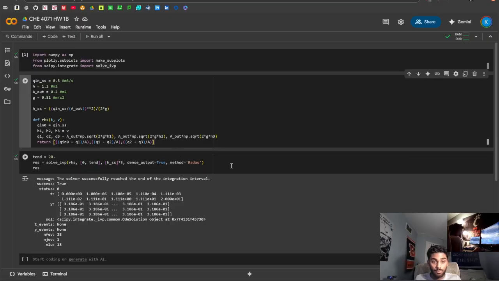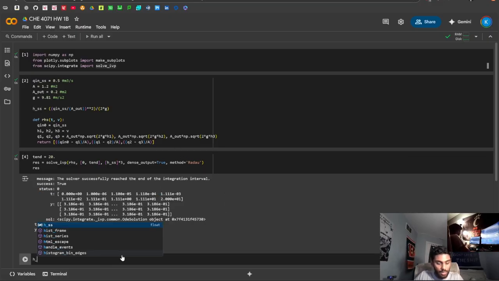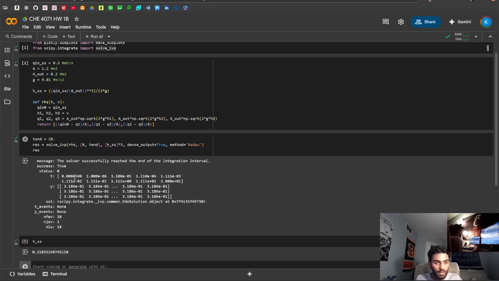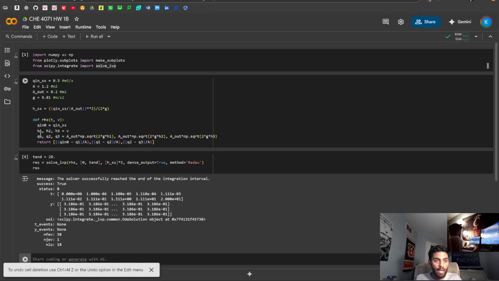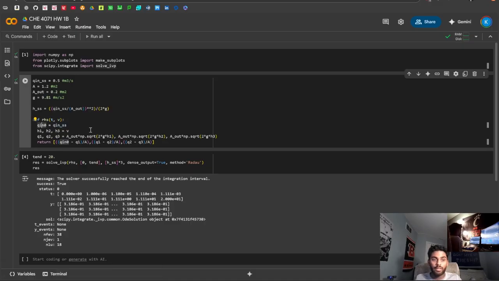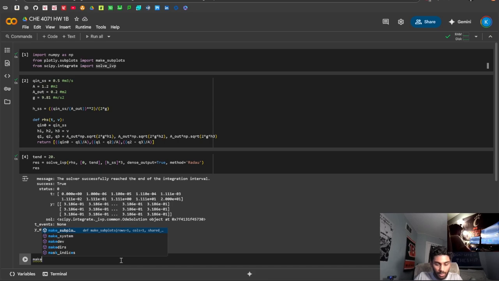And that should be the case, because if you look at our steady state height, this is equal to that. And that's because our initial flow rate at time equals 0 is just equal to our steady state flow rate that we had this entire time, which is used in the steady state calculation. Now, if we wanted to graph this, let's make a subplot.